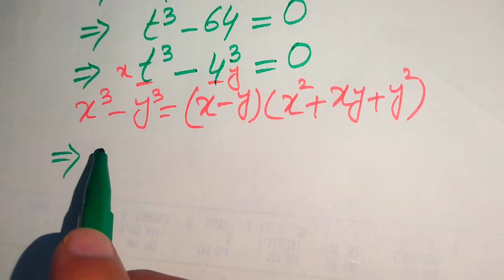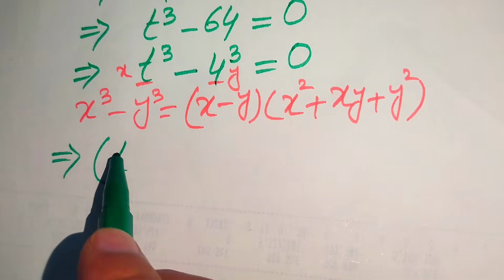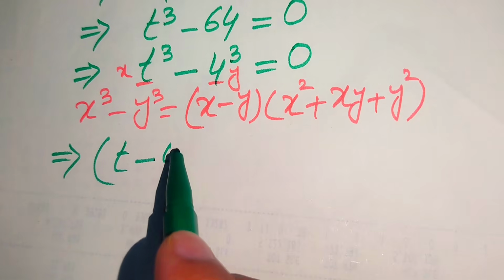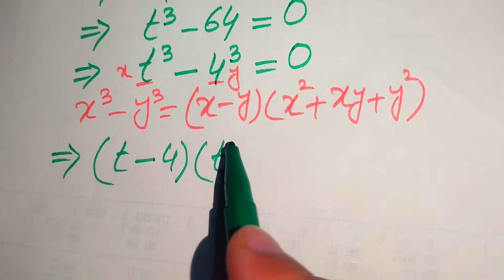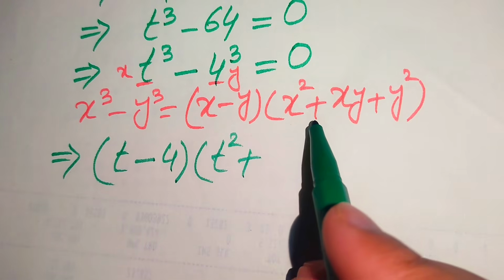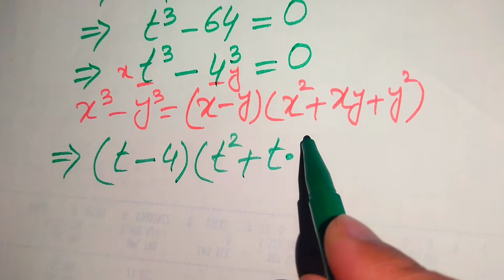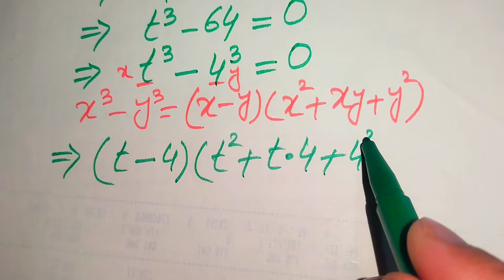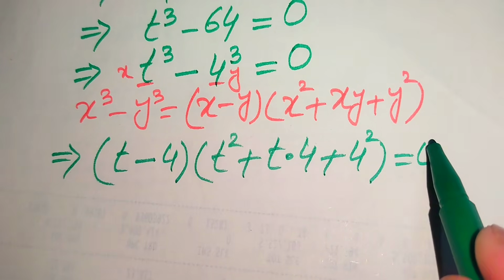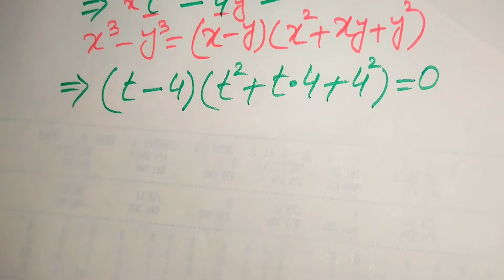The first factor is x minus y, the value of x is t minus the value of y is 4, times x squared, the value of x is t, so t squared, plus x times y, which is t times 4, plus again y squared, the value of y is 4, so 4 squared, and this whole equation is equal to 0.